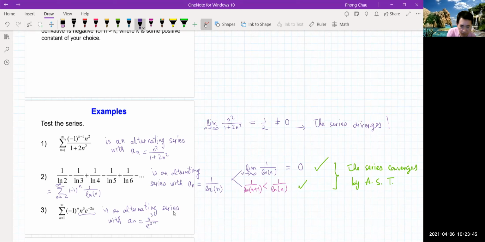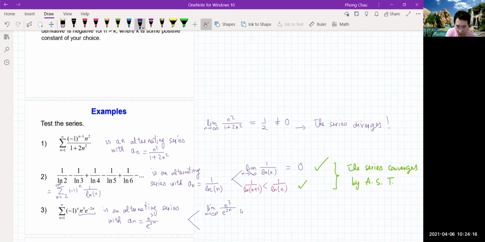Right, so again, we're gonna check two things. We're gonna check whether the limit of n cubed over e to the 2n as n approaches infinity is 0. Now, when n's on the top and the bottom, it's very hard to tell, because top and bottom both approach infinity.